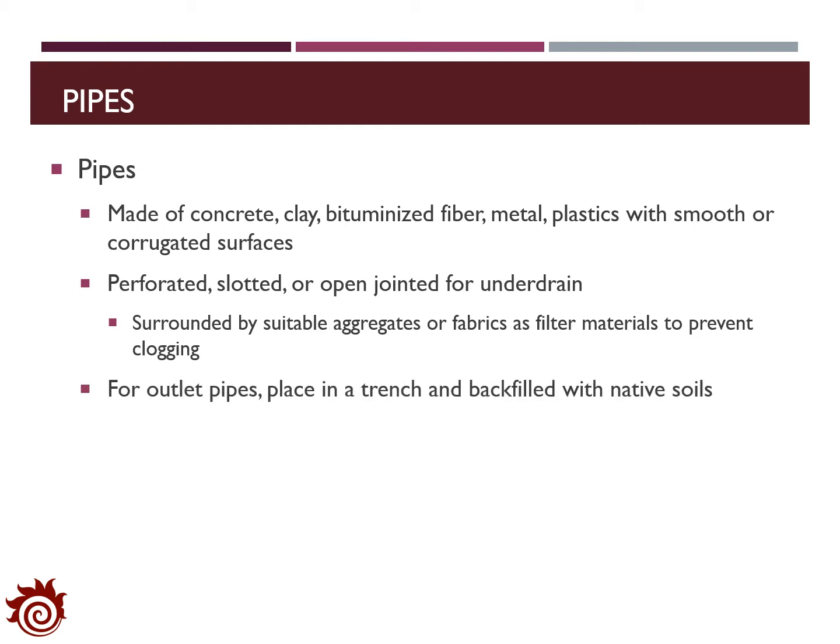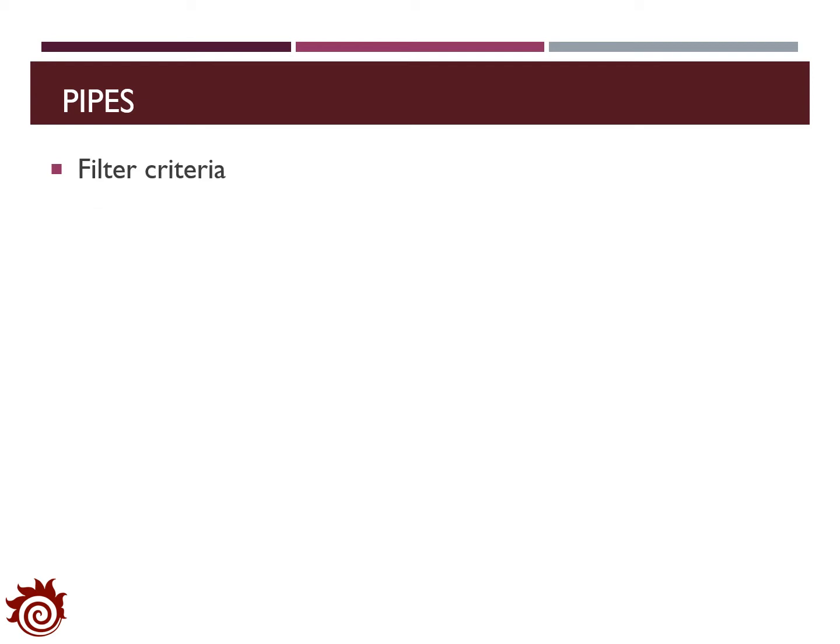For the outlet pipes, they will usually be placed in the trench and backfilled with the native soils. Also, some filter criteria applied for the pipe in the drainage system. For the slotted pipes, the condition here should be satisfied. The grain size with 85% passing for the filter material over the slot width should be higher than 1.2.